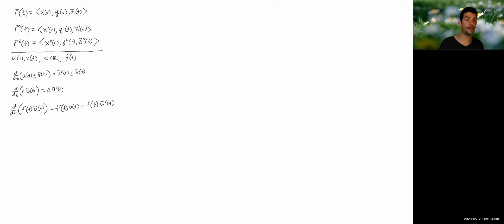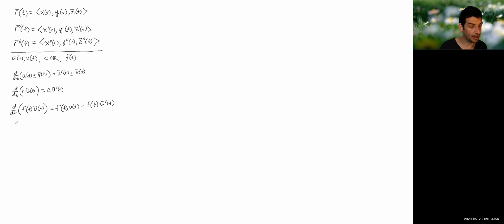The derivative of f is just our regular old derivative. The derivative of u is a vector derivative, like the one up here. This little dot that I put in here is the product of a scalar and a vector. So that's our scalar multiplication. f of t can be thought to multiply by each component of u prime, right? Same thing on this side, this multiplication is scalar multiplication.